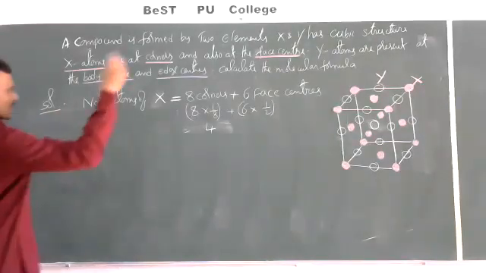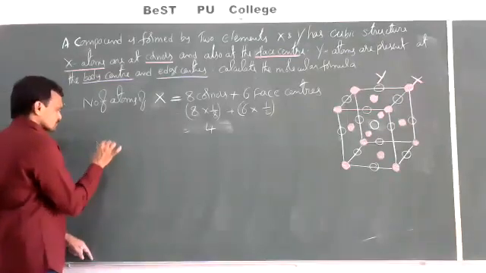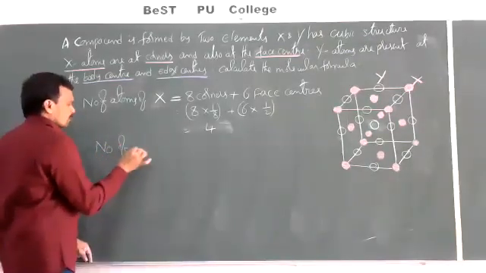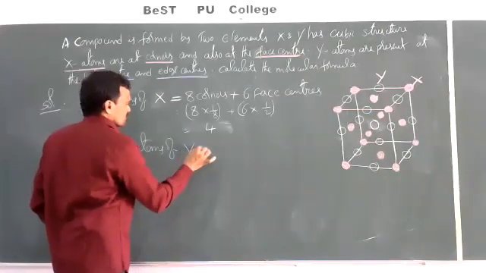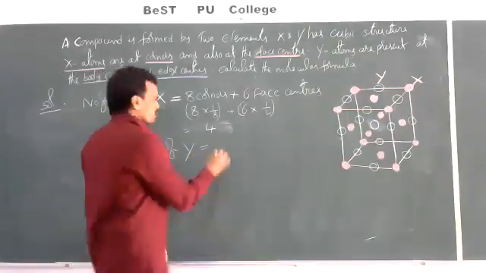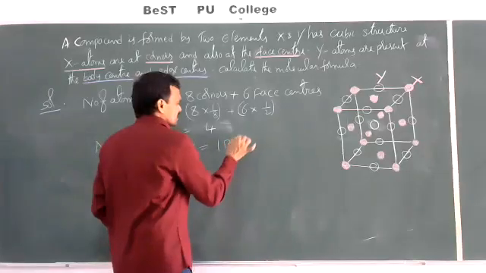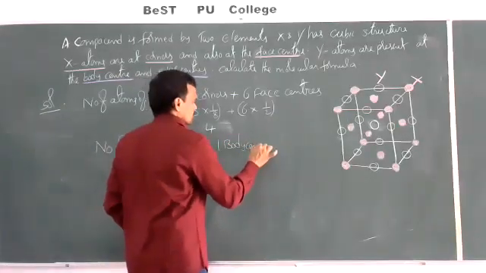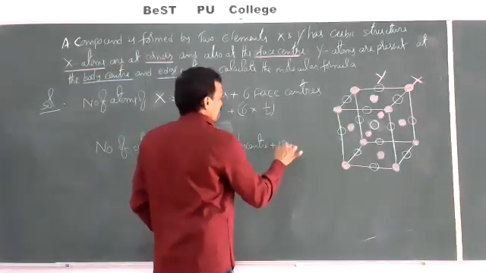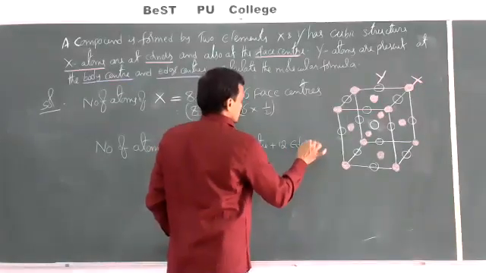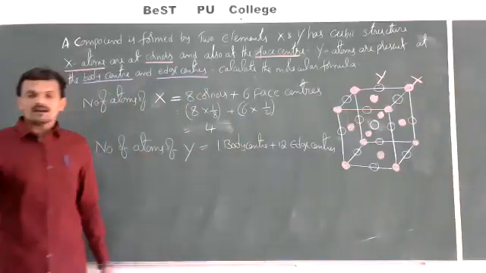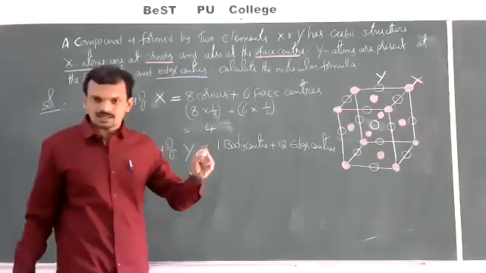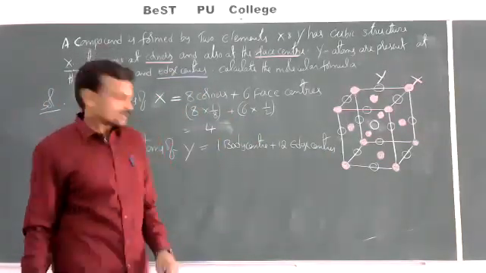Now I'll calculate the number of atoms of Y. What is the location of Y? One body center plus 12 edge centers. So atoms of Y are present at one body center and 12 edge centers.